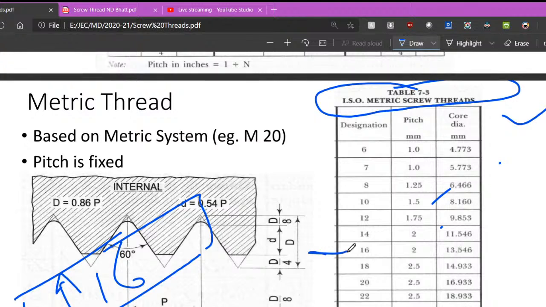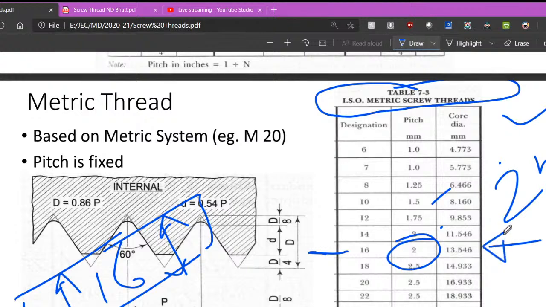In that case your pitch value should be 2 mm. If this one is 16 mm, then your pitch value should be 2 mm. Then the core diameter would be this much.